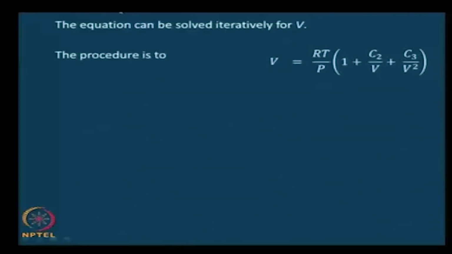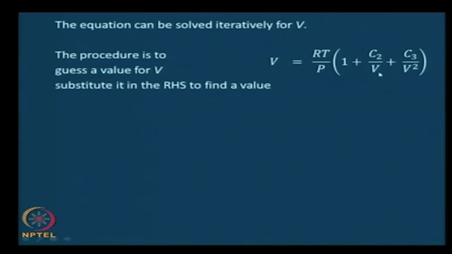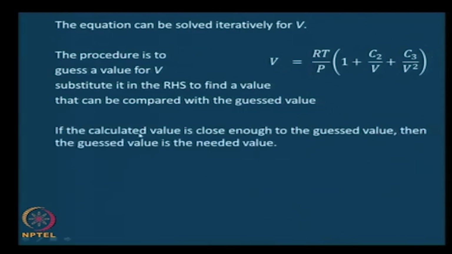So, we said that the procedure was to guess a value for V and substitute it into the right hand side and find the value of the right hand side, and this can be compared with the guessed value. One way of comparing is to take the difference between the calculated value and the guessed value, and if the calculated value on the right hand side is close enough to the guessed value, then the guessed value is the needed value.